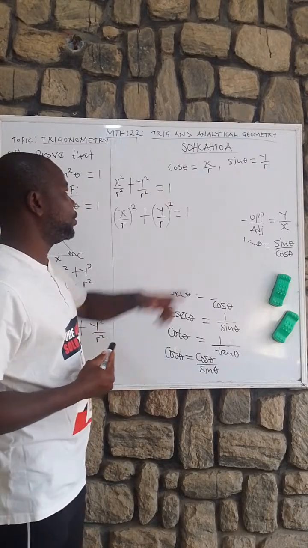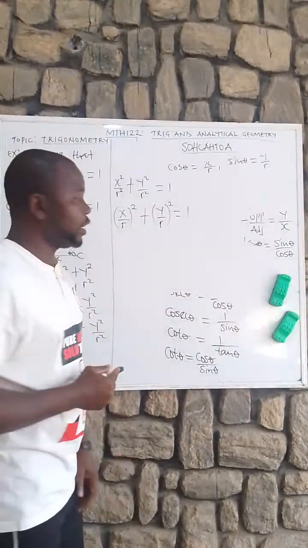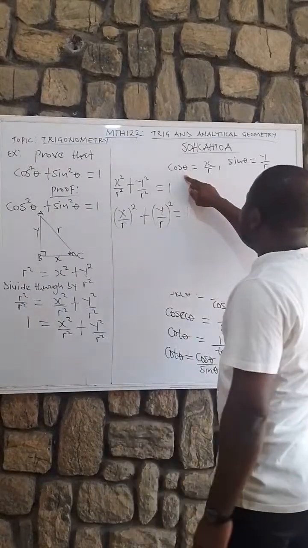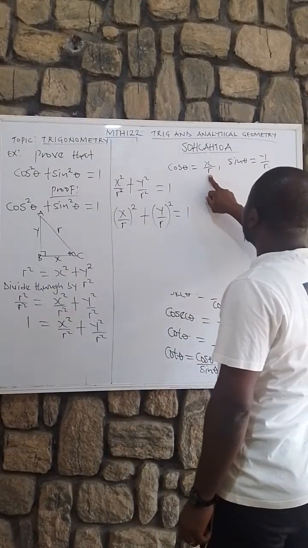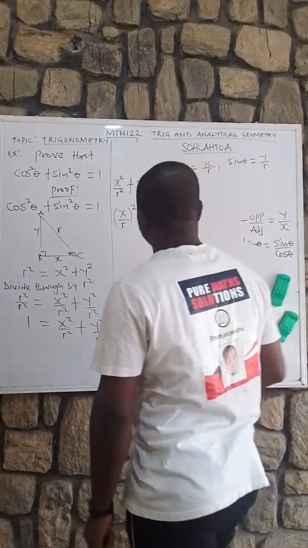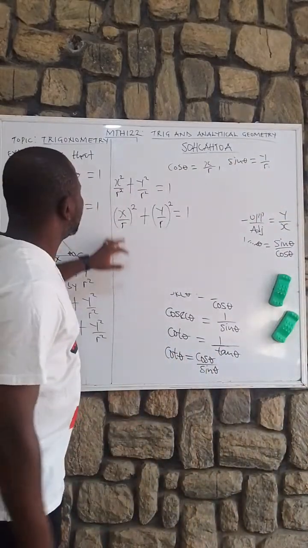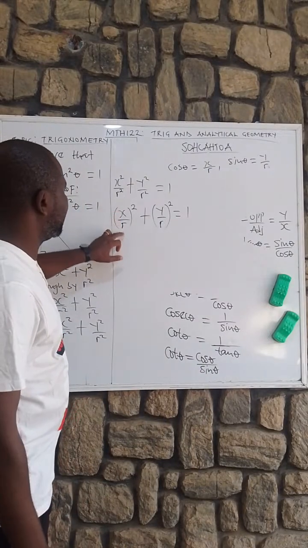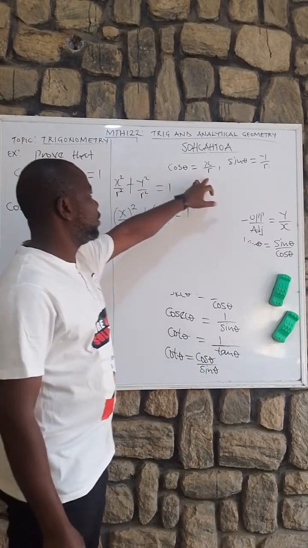Let us now go back to SOHCAHTOA, where you know that cos theta is x all over what? r. And sin theta is y all over what? r. True or false? So what do we have here? Ask yourself. x all over r is what?